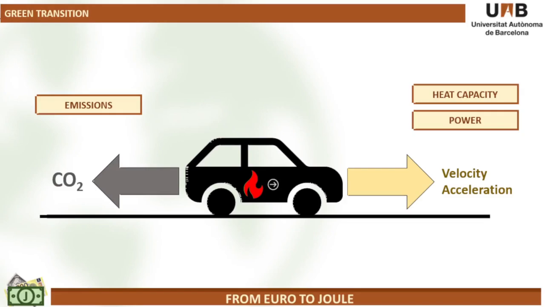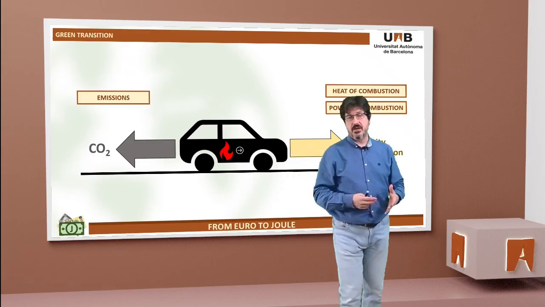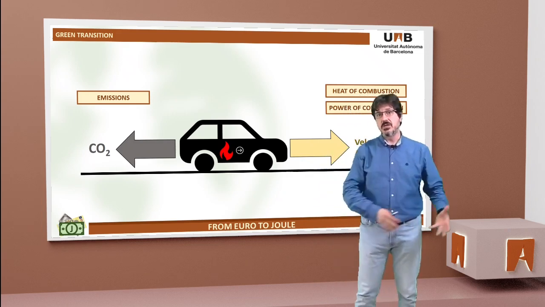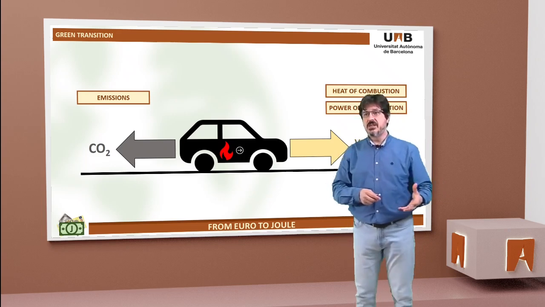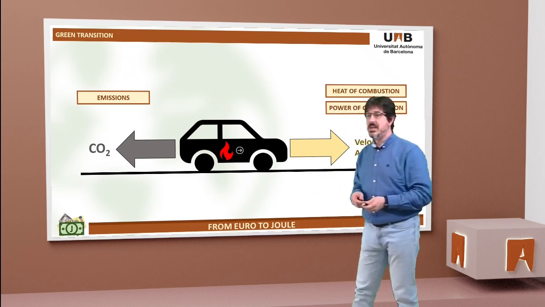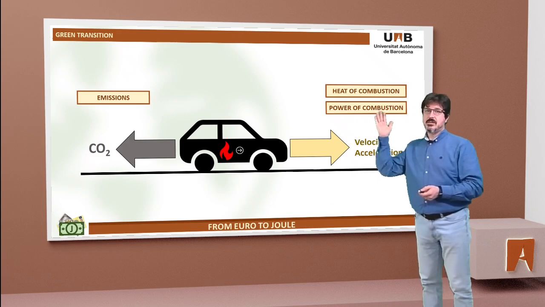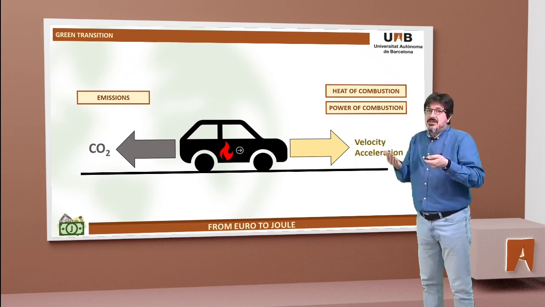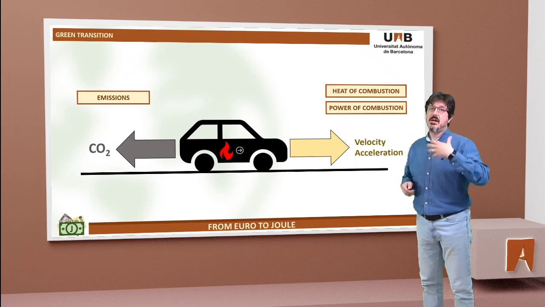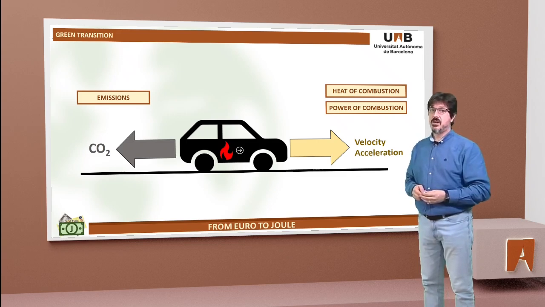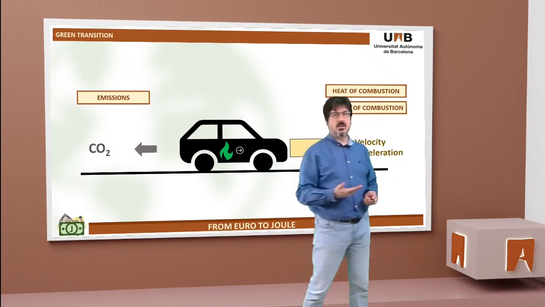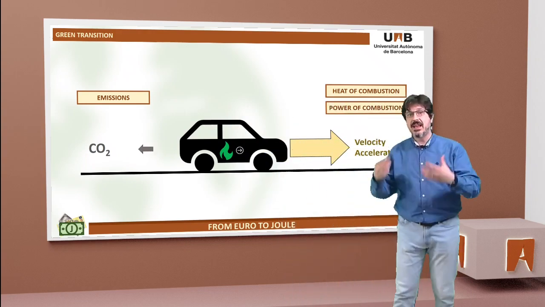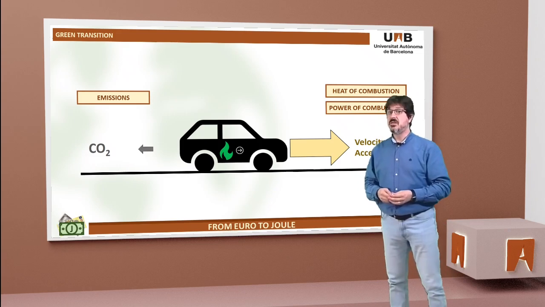Okay, now that we know the properties that our fuels have to have in order to be used in transportation, we know how to do this green transition. So we need fuels that can give us a very large heat of combustion and a very high power of combustion, but reducing the emissions that we get from combusting these fuels.